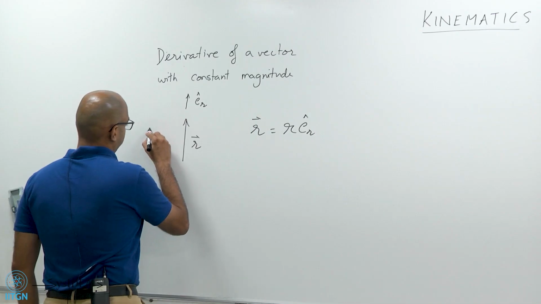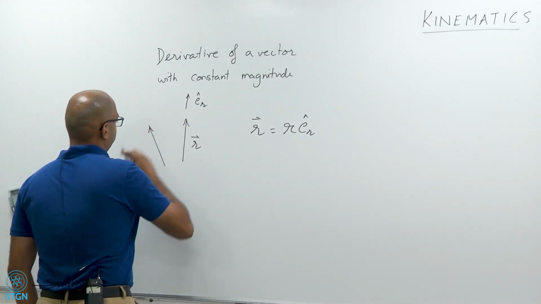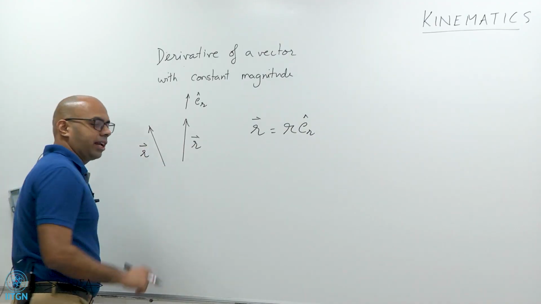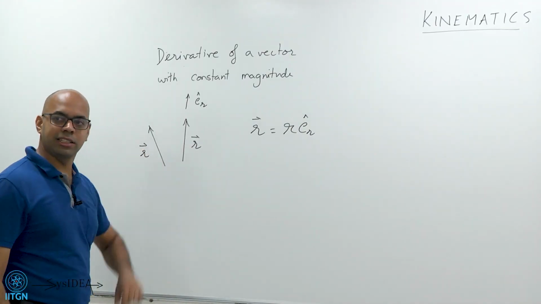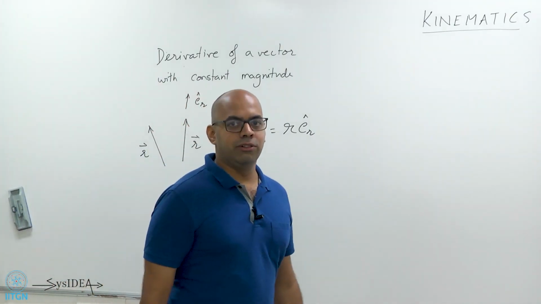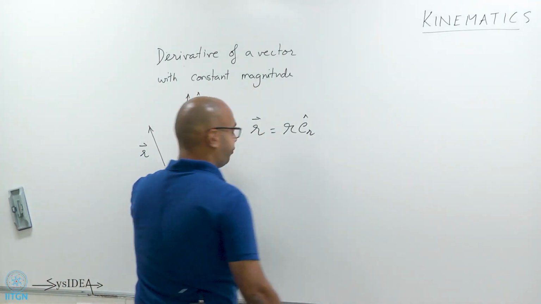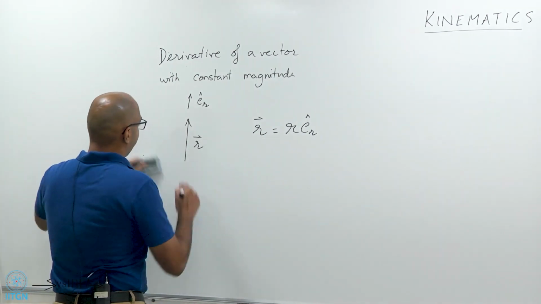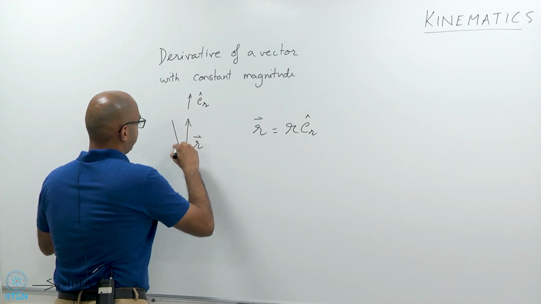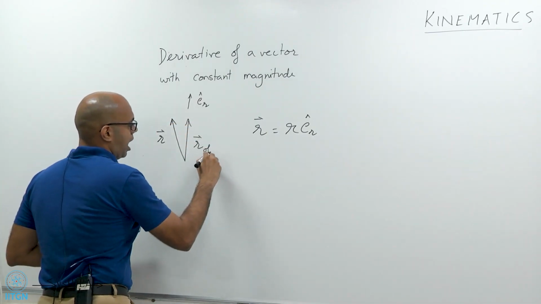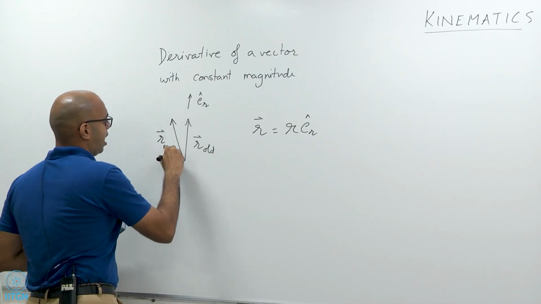So, a small time instant later, let us say the vector r still has the same magnitude but has a different direction. Now, when you go back and look at the convention, you will realize that the vector physically being in a different place does not matter. So, I might as well draw it starting from the same point. So, this is like my r old and this is like my r new.